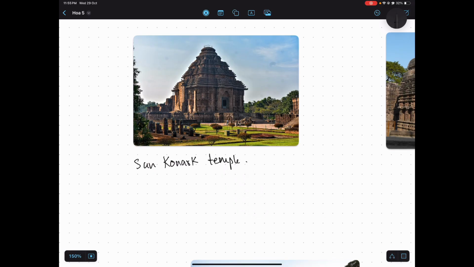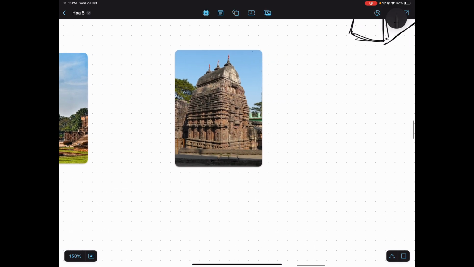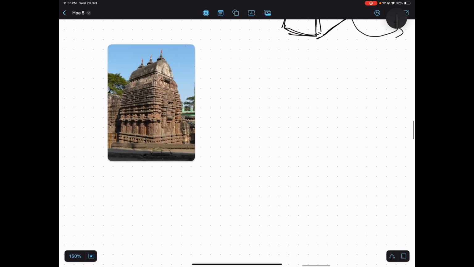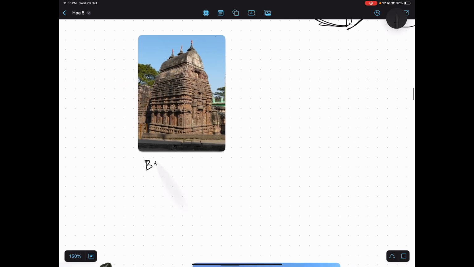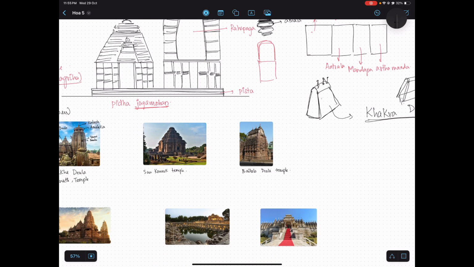And the example for Khakhara Deula is Baitala temple. Baitala Deula temple. And you can see it having a truncated pyramidal shape. So these are the three categories of Kalinga style.